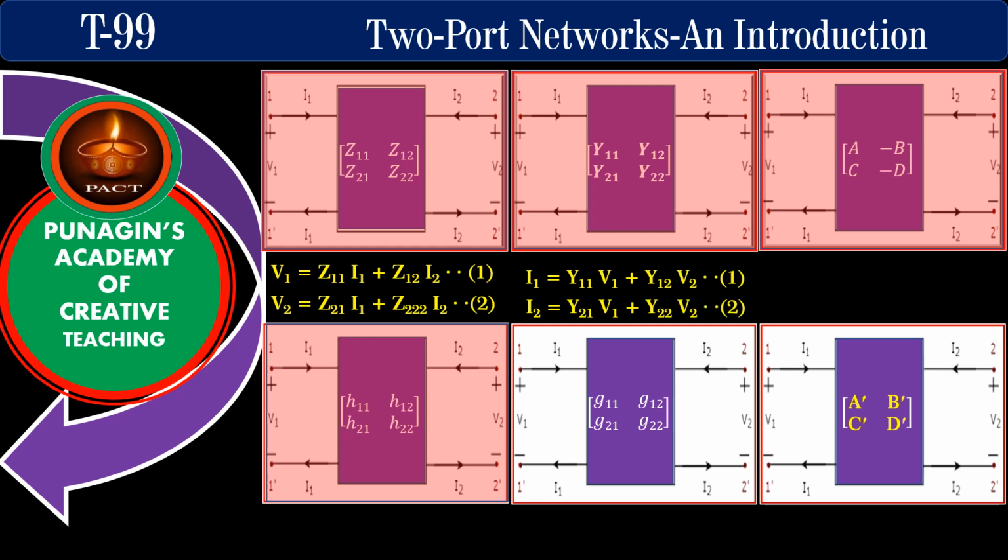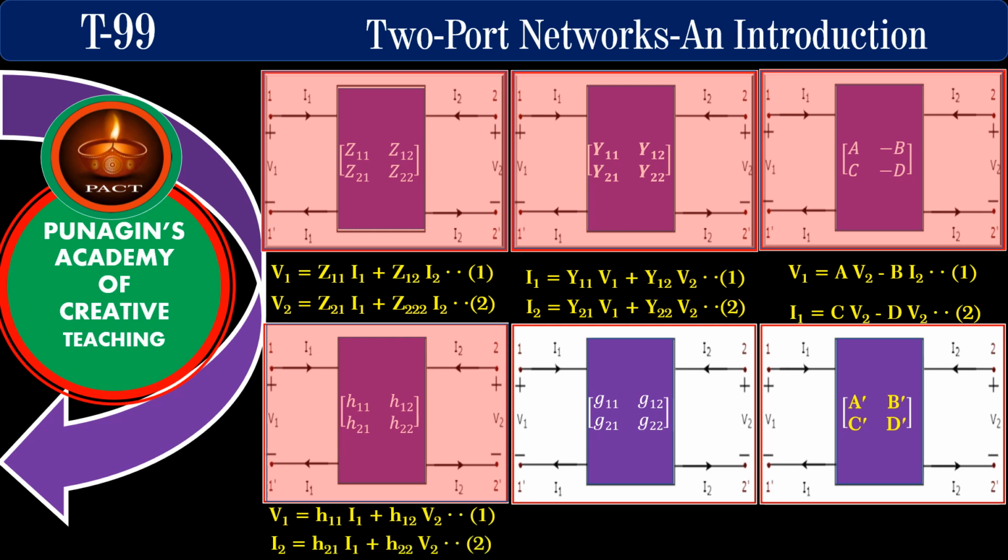These equations govern the complete behavior of a two-port network in terms of Y parameters, and these two equations completely govern the behavior of the two-port network inside the black box in terms of ABCD or transmission parameters, and these two equations govern the complete behavior of the network inside the black box in terms of H parameters.